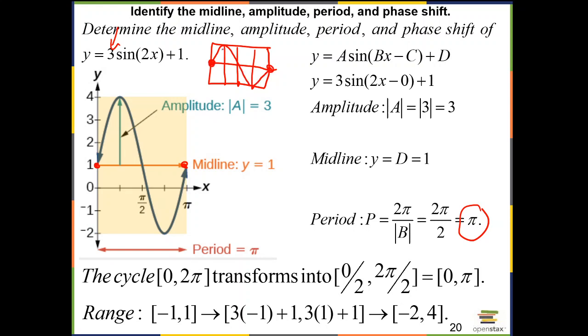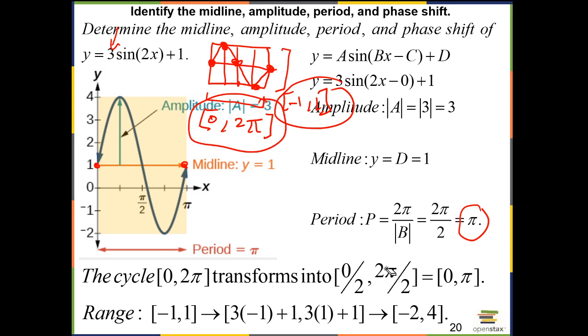We have to transform these 5 points here. And we can do it 2 ways. We can specifically take each point and transform it. Or we can say, okay, this distance here is from 0 to 2 pi. What happens to that? And also this distance here is from -1 to 1. And what happens to that according to this transformation?